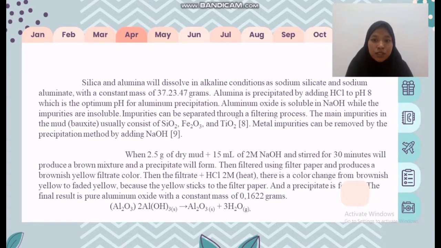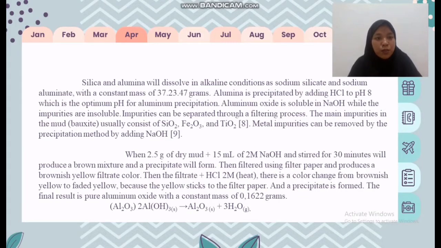Impurities can be separated through a filtering process. The main impurities in the red mud bauxite usually consist of SiO2, Fe2O3, and TiO2. Metal impurities can be removed by the precipitation method by adding NaOH.